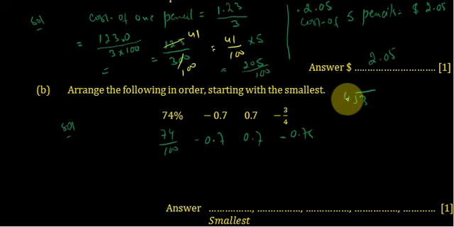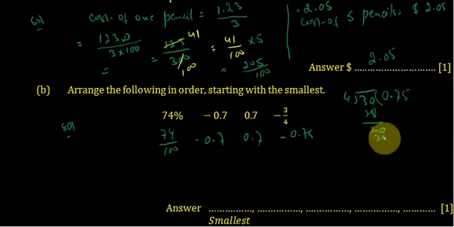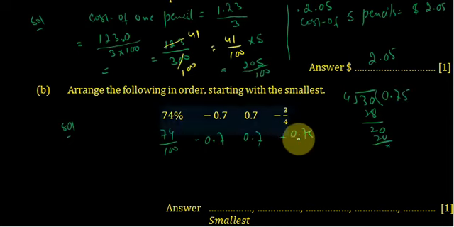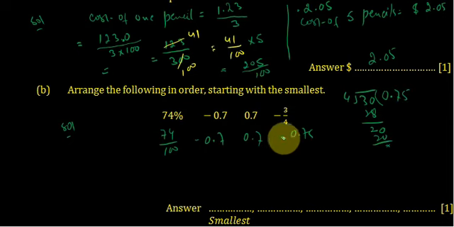If we divide 3 by 4, 7 4s are 28, 2 is remaining, we can put 0 here, 4 5s are 20. So 3 upon 4 means 0.75, and it is minus 0.75.